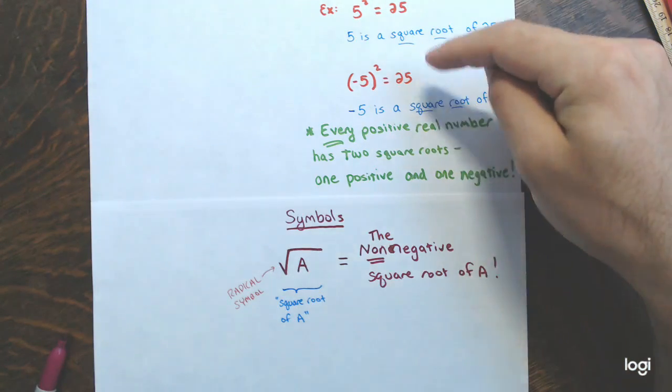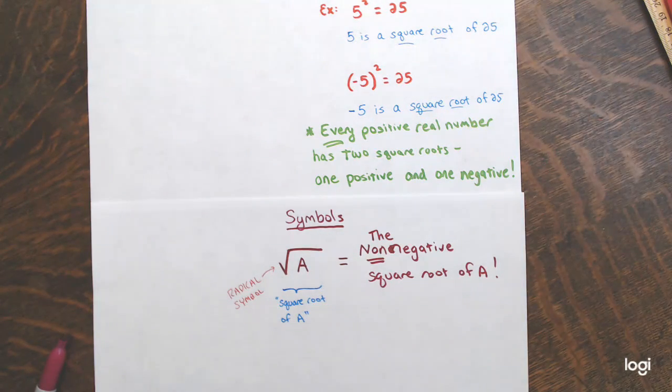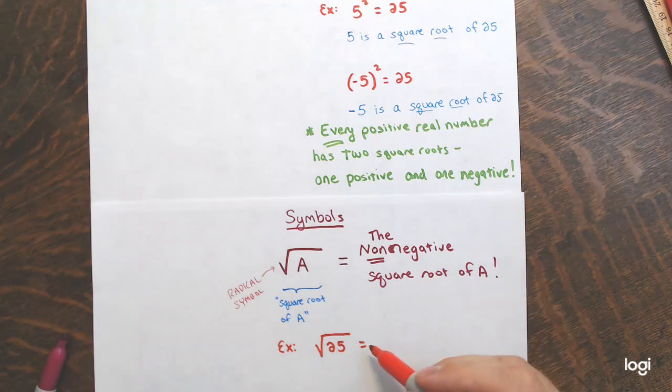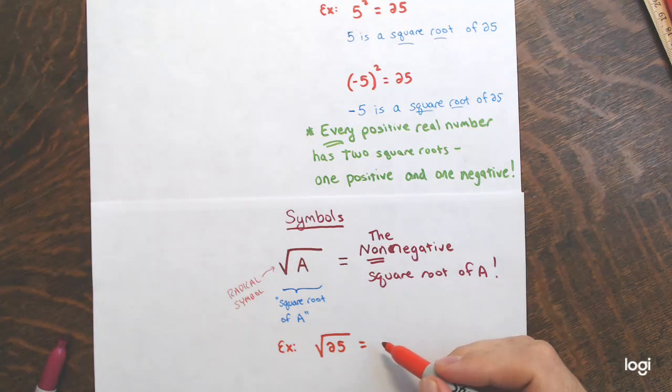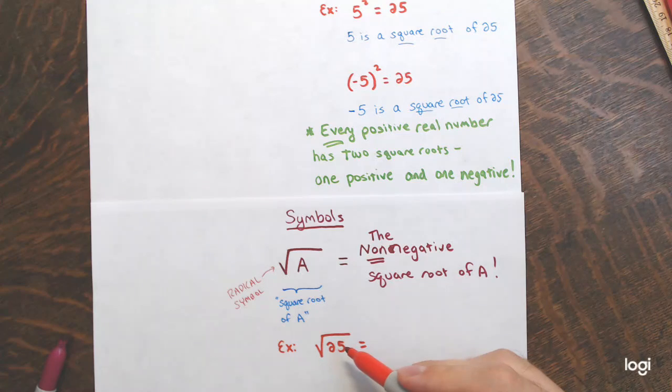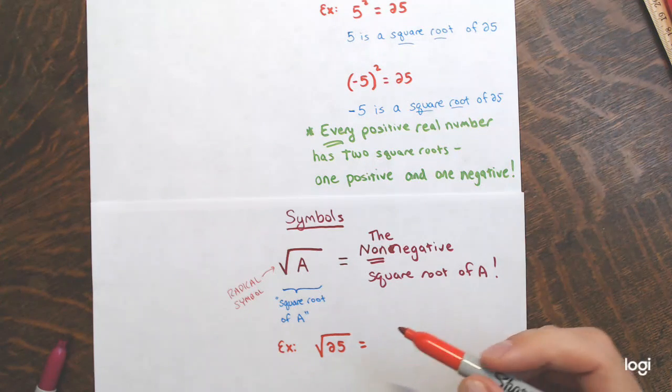Now I talked about 25 earlier, right? So for example, if I said, what's the square root of 25 equal to, what this has a value of is the non-negative square root, the positive square root of 25.